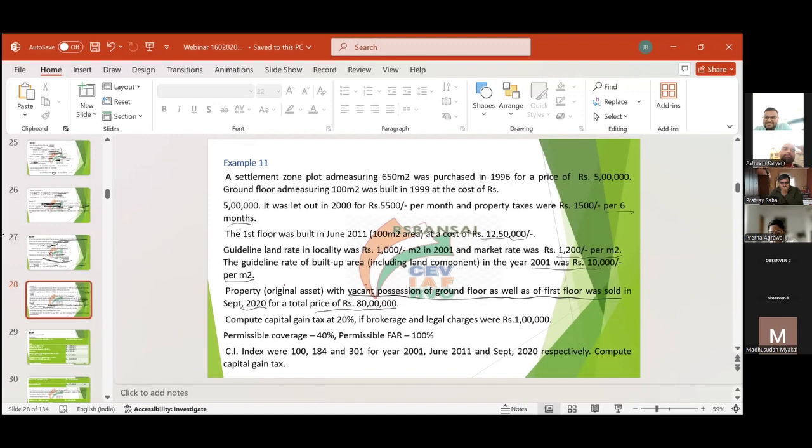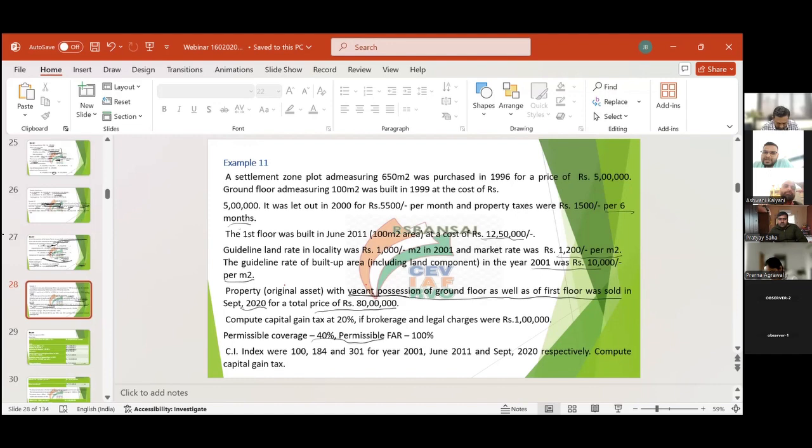Compute the capital gain tax at 20%, with legal charges of rupees 1 lakh. Permissible coverage is 40% and permissible FAR is 100%. Cost inflation indices for various years are given to you.